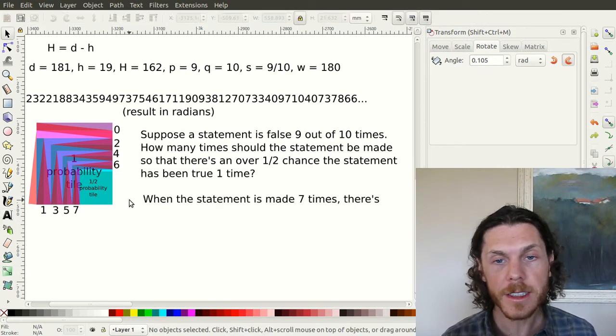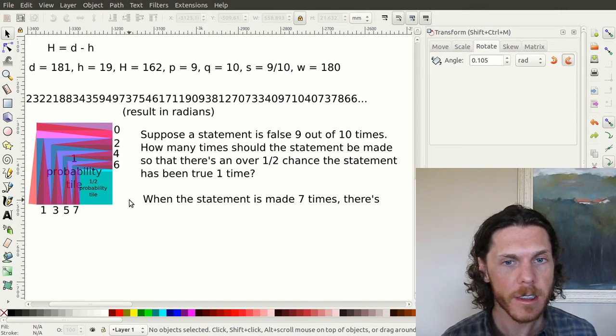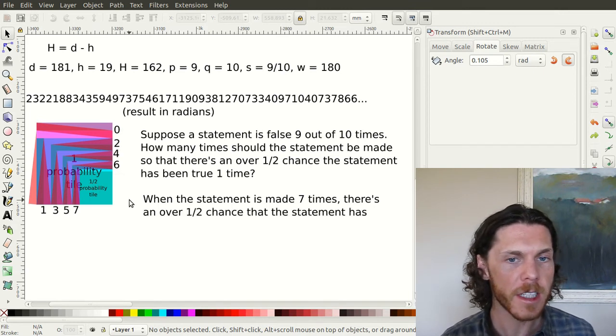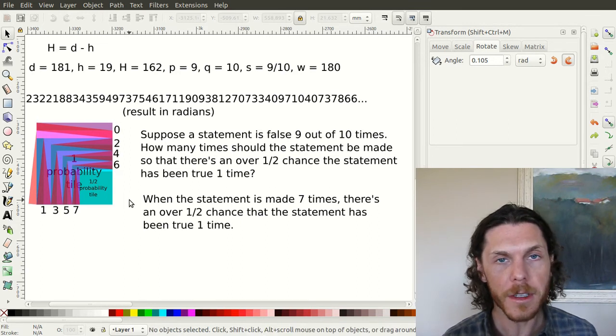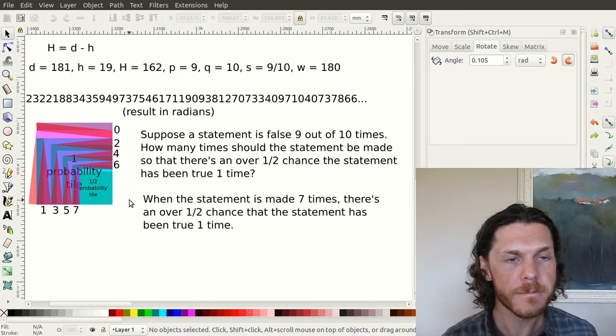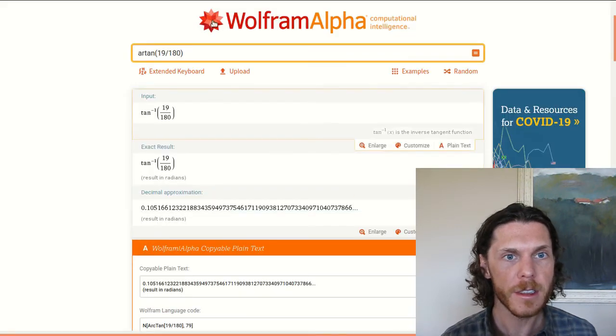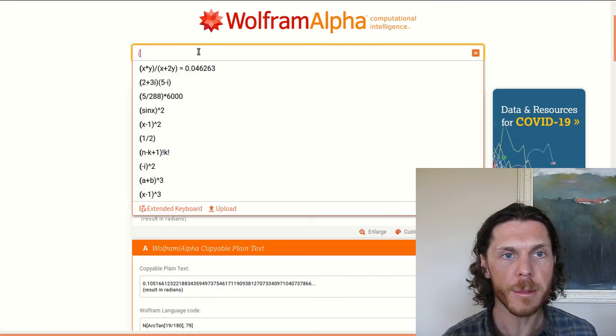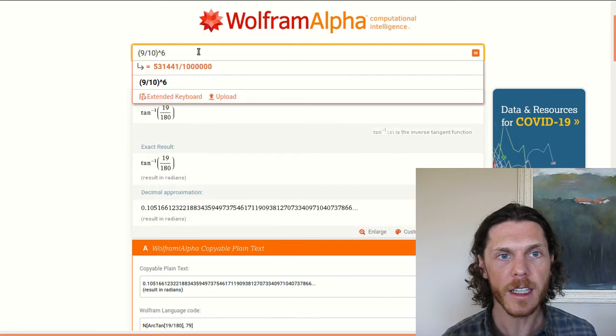When the statement is made 7 times, there's an over 50% chance that the statement has been true 1 time. In other words, a streak of false has an over 50% chance of failing at the 7th instance.